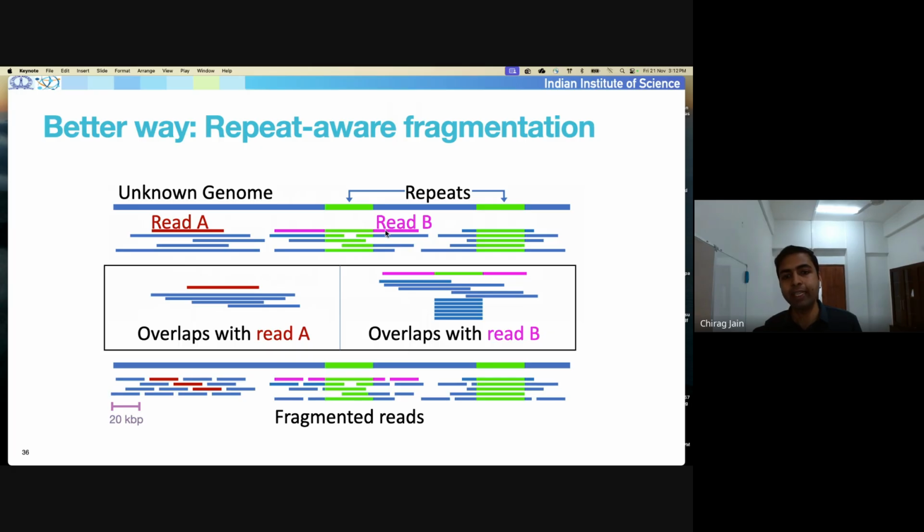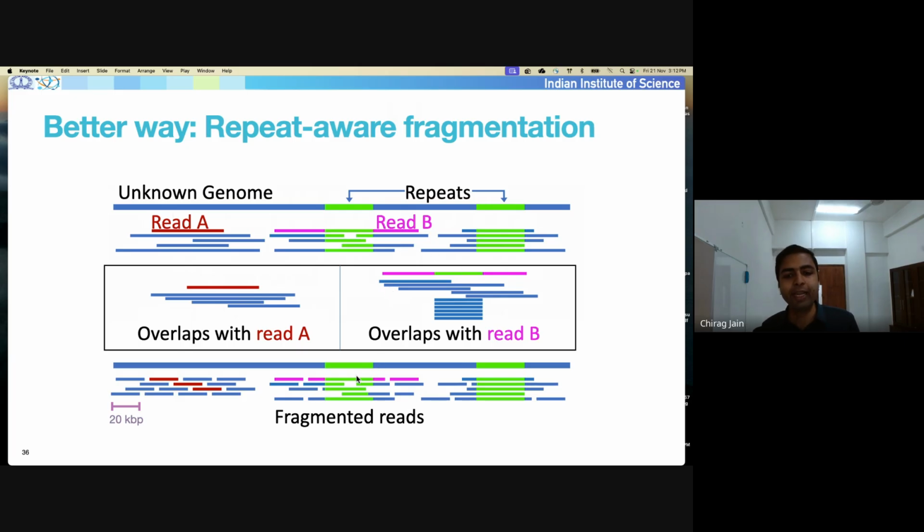So for example, in this read B case, if I see a large enough number of reads overlapping here, then I can predict or heuristically infer that this region may be repetitive and I should not do any fragmentation in this region.